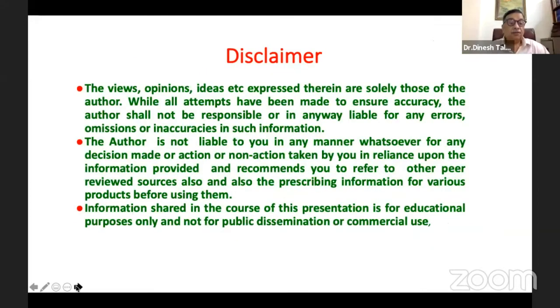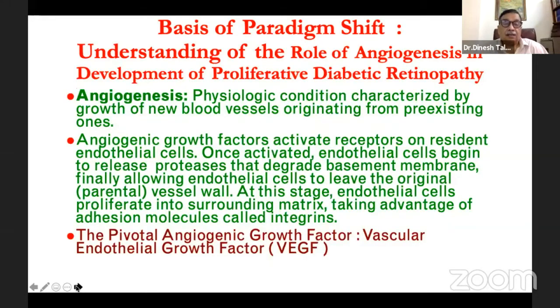So this is my disclaimer, and let's come to this. Basically, there has been a paradigm shift based on our understanding of the role of angiogenesis in the development of proliferative diabetic retinopathy. We all know angiogenesis is the development of new vessels originating from pre-existing ones, but these are abnormal vessels.